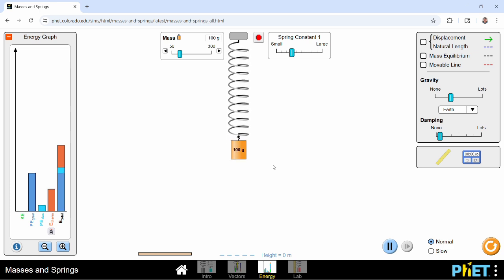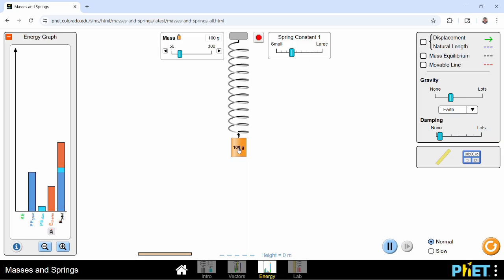In fact, when I talk about it in the intro to energy concepts, I ask you to imagine the first couple of oscillations continuing forever instead of dying down like this. And on the left-hand side, you see the energy graph.